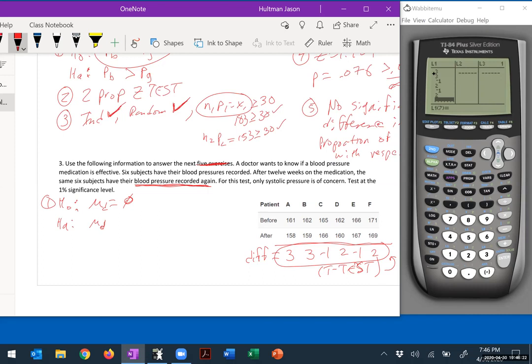Did the blood pressure go down? If the blood pressure went down and I subtracted, would that be a positive difference or a negative difference? Isn't that a positive difference? Yes. So this would be greater than 0. The difference would be greater than 0 if the medication was working.